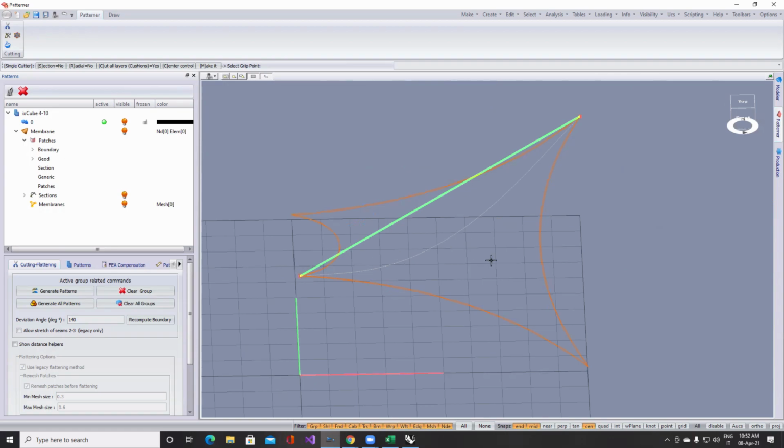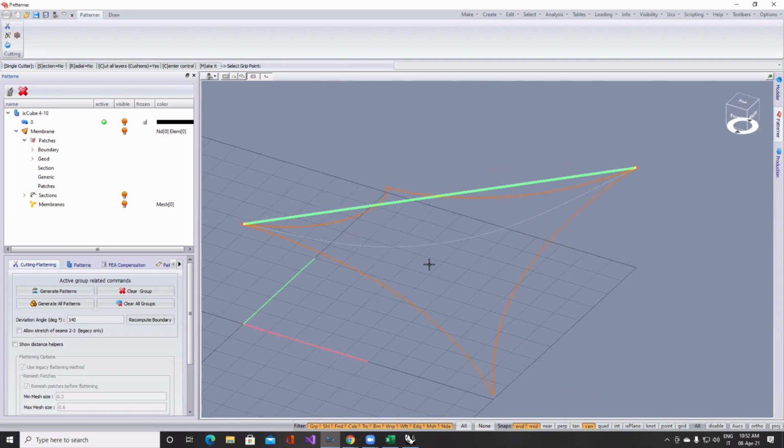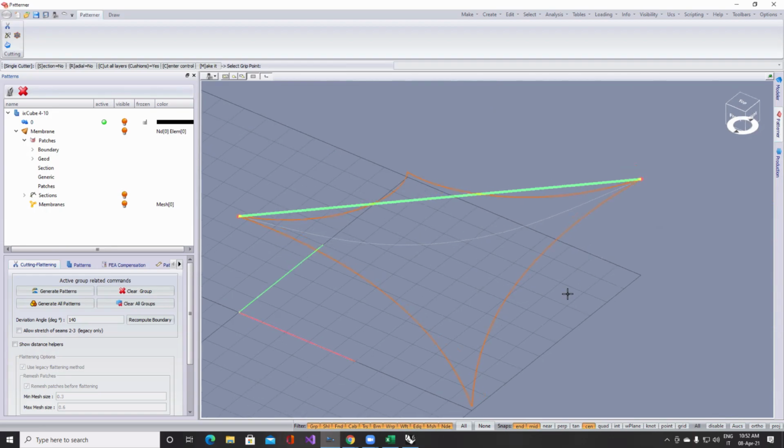But what is a geodesic curve? You could think of a geodesic curve as a line on a curved surface. So it has different properties. The first property is the shortest path between two points, but we are not really interested in that. The most interesting property of a geodesic curve is the fact that it is a line on a curved surface.